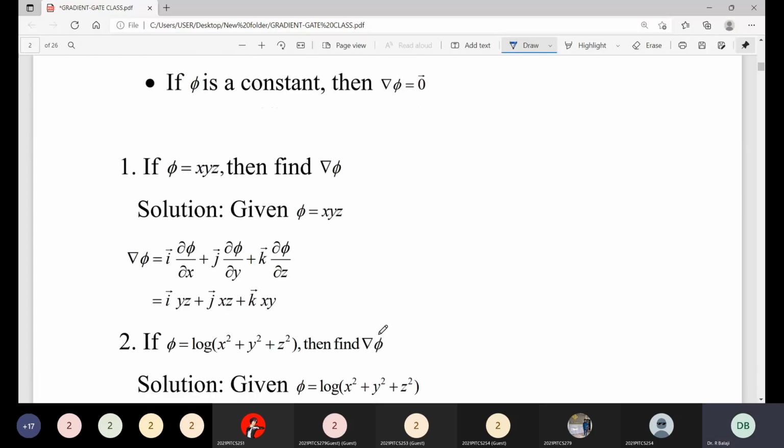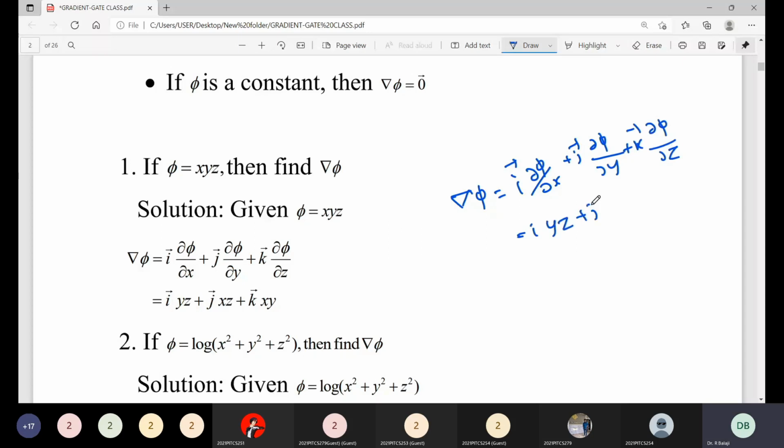Now we see some basic problems. If φ is equal to xyz, then del φ is nothing but i ∂φ/∂x plus j ∂φ/∂y plus k ∂φ/∂z, which is i yz plus j xz plus k xy. Partially differentiating with respect to x, ∂x/∂x is 1, so we get yz.